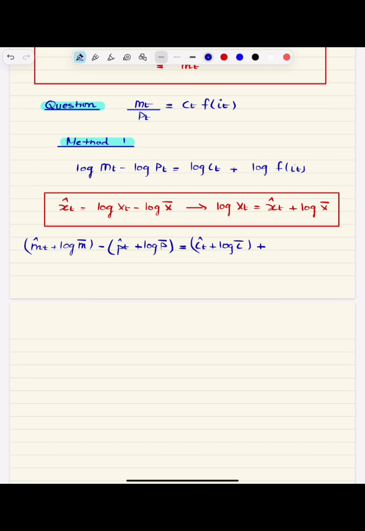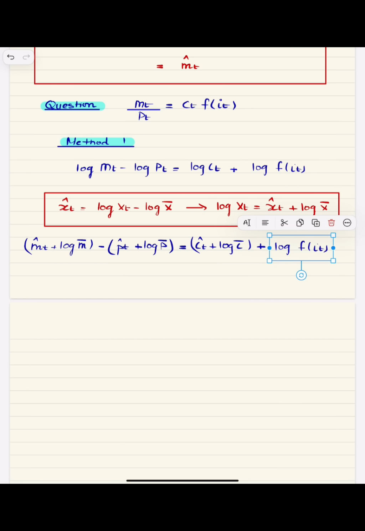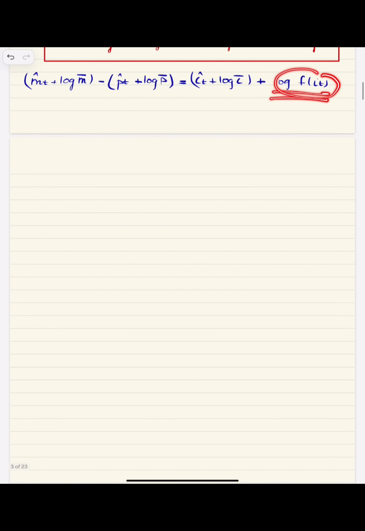And this right here, because f is not known, and most probably it's actually not linear like this, so it's going to be a non-linear mapping, so we'll have to do the Taylor expansion separately for this.